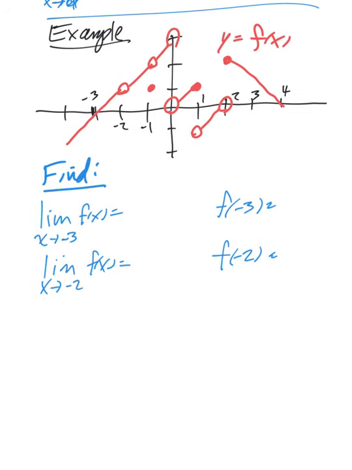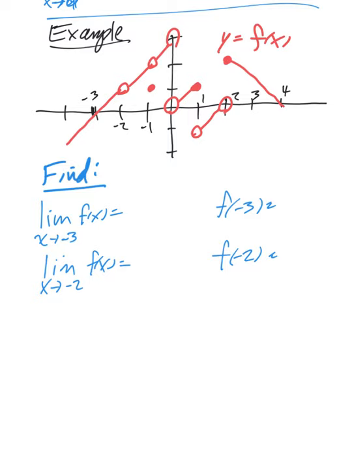Here's an example. Here is f of x. It's got all kinds of jumps in it, and now I want to ask about the limit as x approaches minus 3 of f of x. So if x is near to minus 3, then f of x is always a little above or a little below 0.